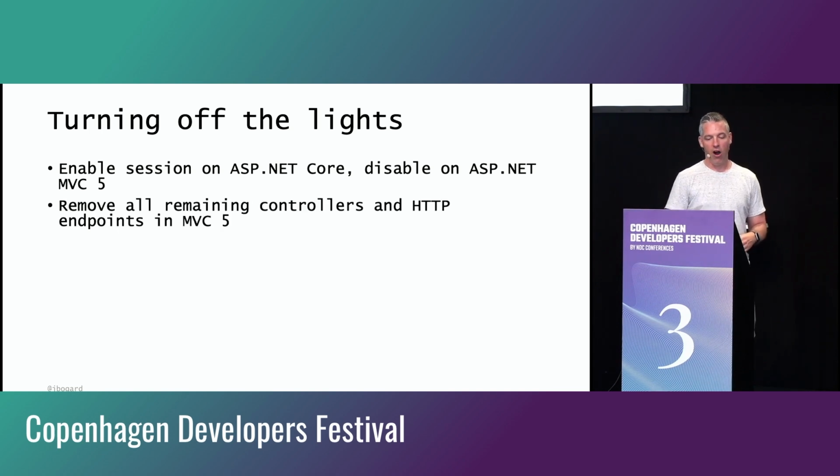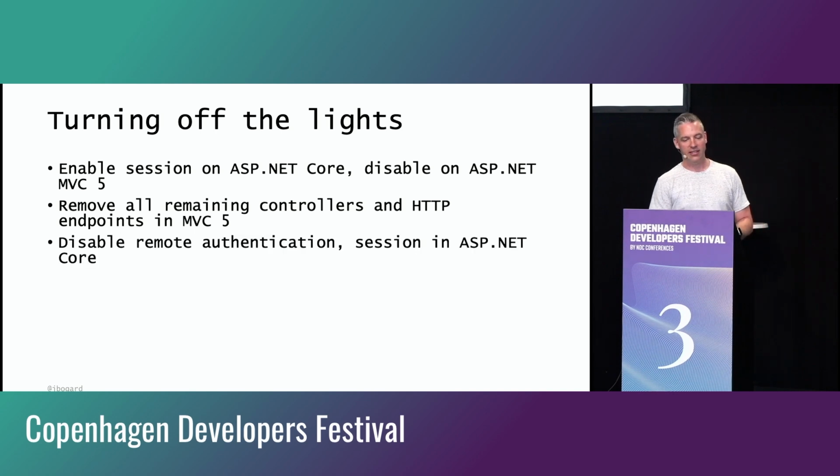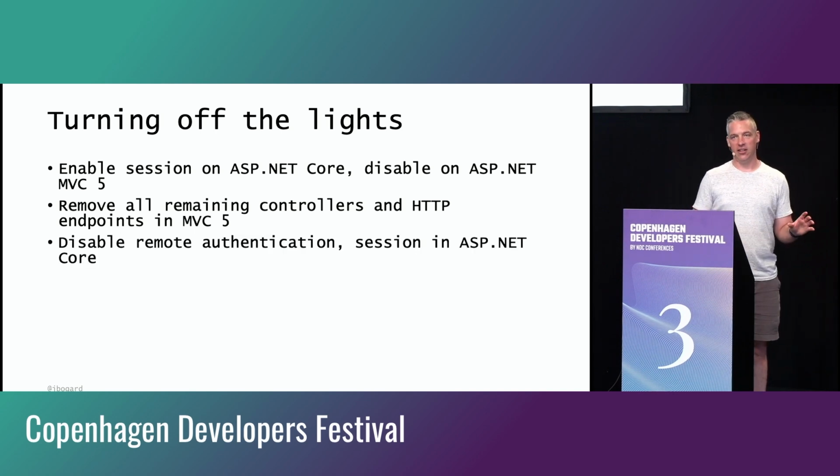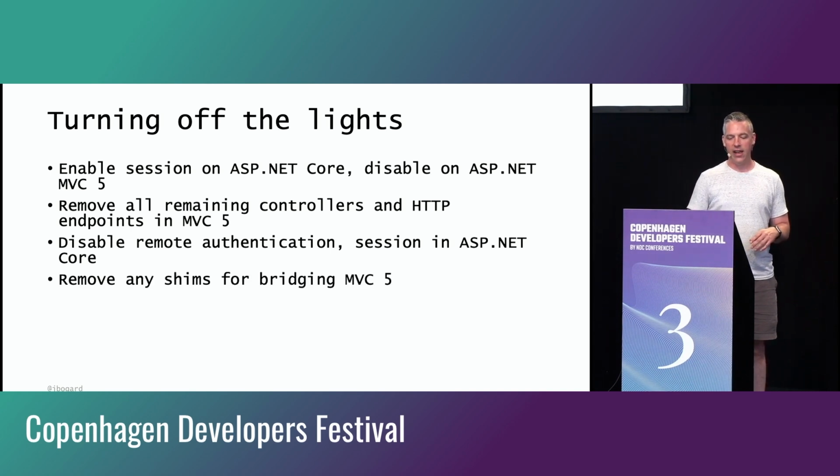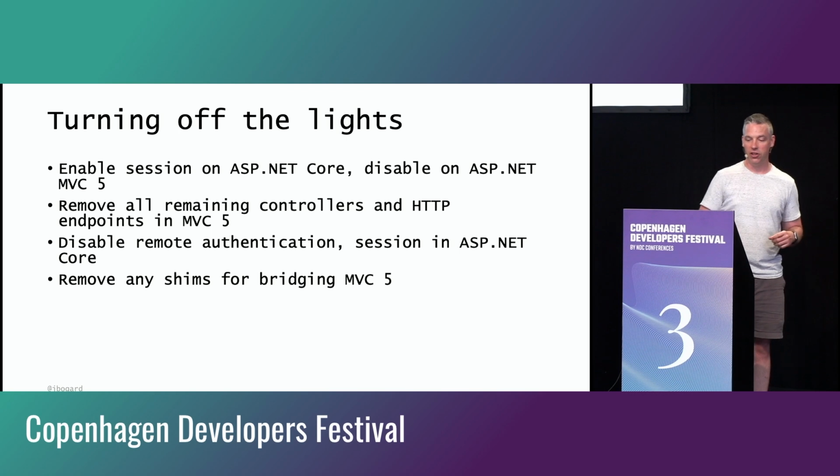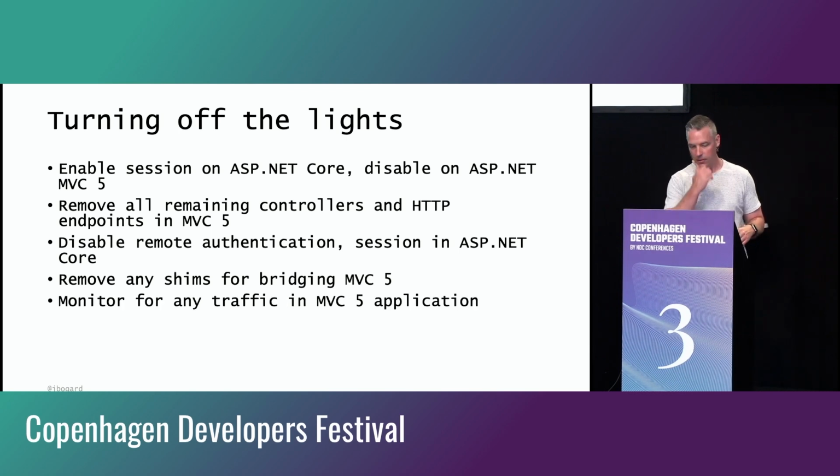We would remove all the remaining controllers and endpoints in MVC5. We would disable all of the remote client and proxying stuff, so no more YARP, no more remote clients for anything. And then remove any of the shims we had put in place for bridging over to MVC5. We would monitor any traffic, so push this out to production and see if we're having any problems.